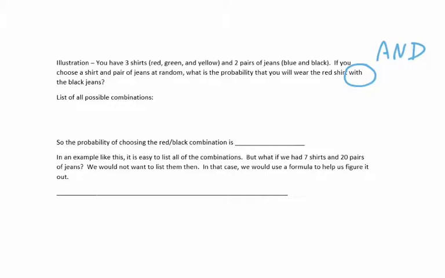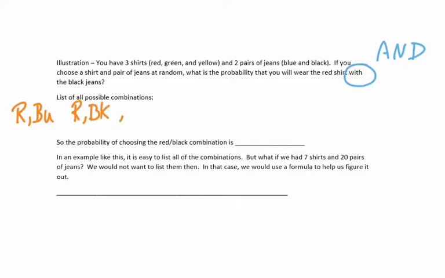So what we're going to do is actually list all of the possible combinations, and then that will enable us to get the probability. So I'm going to use some shorthand here and some abbreviations. So we're going to have the red shirt with the blue jeans, and I'm going to use BU for blue. You could have the red shirt with the black jeans, and we'll use BK for black.